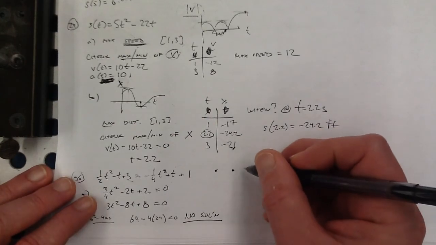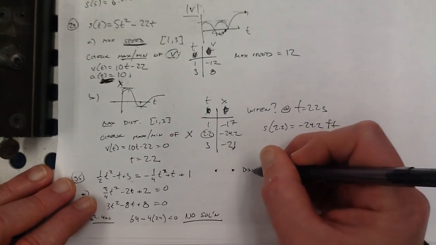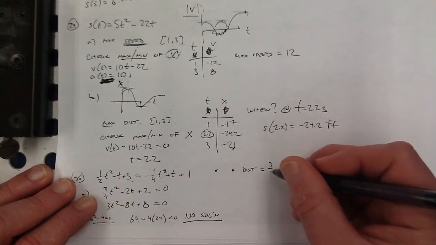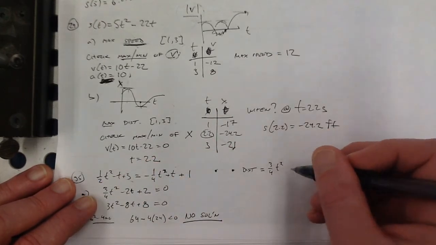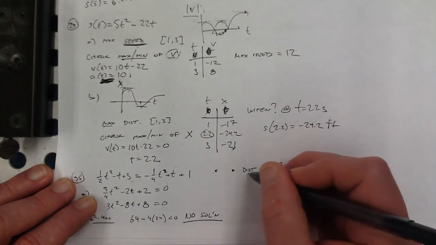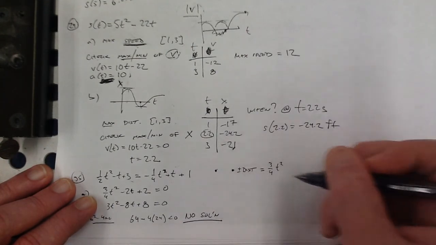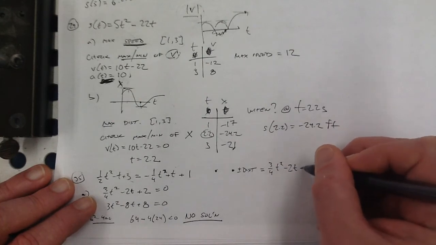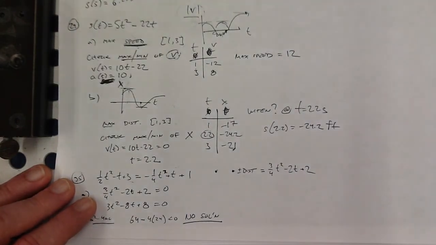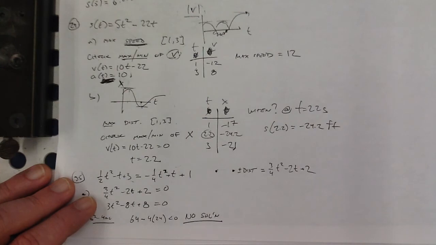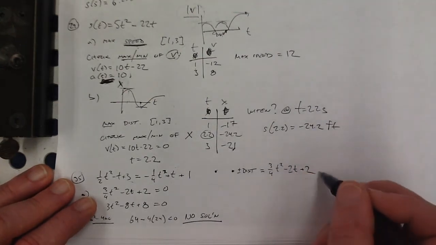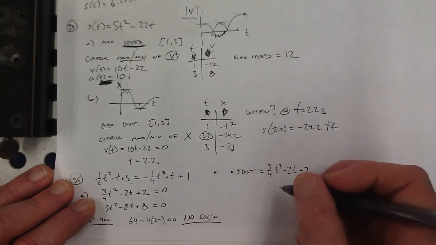So let's take the distance between them is this. Although I'm not putting absolute values, so this could be a positive, negative. The positive, negative distance between them is that. And we want to know how close they get. So when is the distance between them at a minimum?